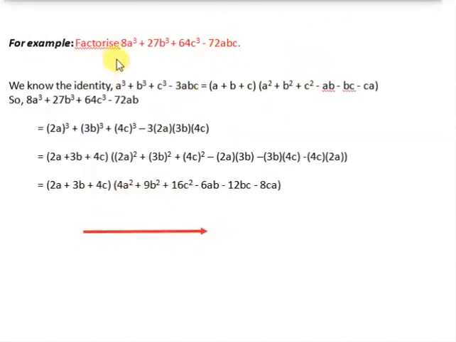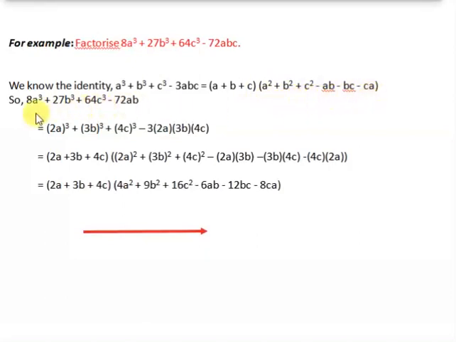One more example, we have to factorize 8a³ + 27b³ + 64c³ − 72abc. So recall the identity a³ + b³ + c³ − 3abc = (a + b + c)(a² + b² + c² − ab − bc − ca).